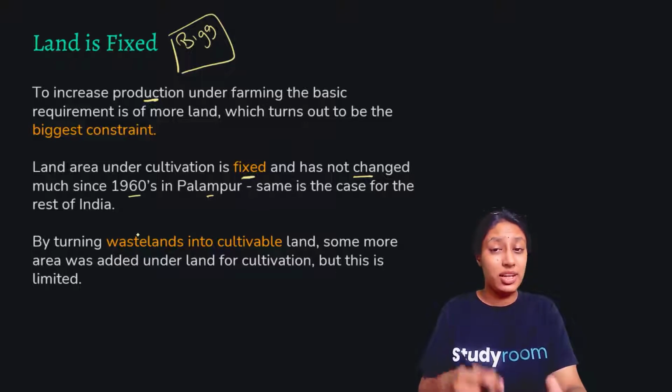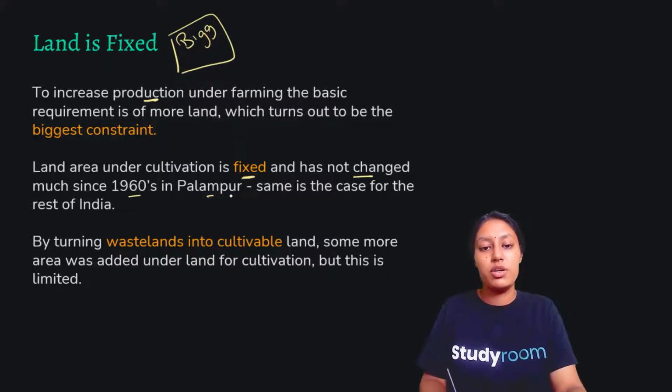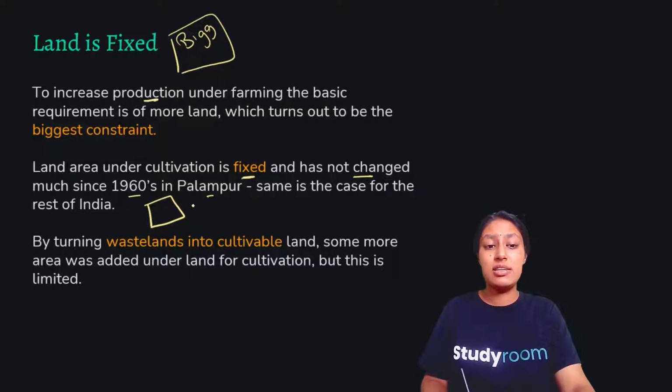Palampur is an imaginary village, but it is inspired by all the villages of India. This means that the area which has once been decided as the land area for cultivation is fixed from the 1960s.